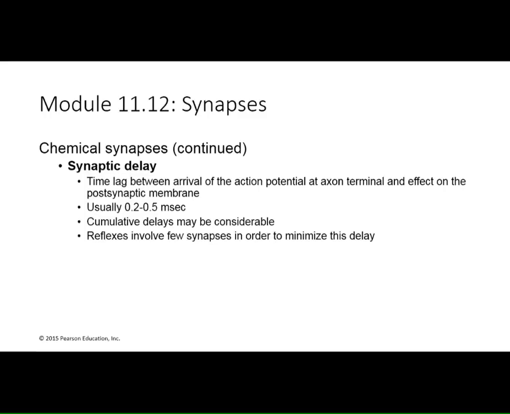There can also be delay. How long does it take for the chemical to go across the synaptic cleft? Typically 0.2 to 0.5 milliseconds, but if this gets longer for different reasons, then there could be a delay, a slowing down of signals talking to each other, and this is where a lot of our antidepressant medications work.